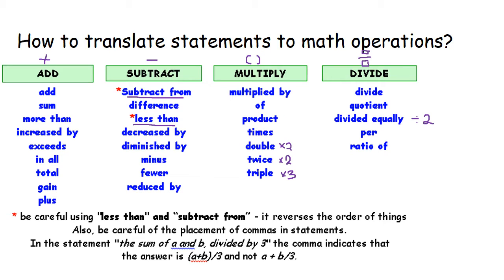And I want you also to be careful when you translate statements with a comma. A comma separates two operations. The first operation is before the comma, and the second operation is after the comma. We always have to pay attention to the commas. And again, we're going to talk about this later in our practice.